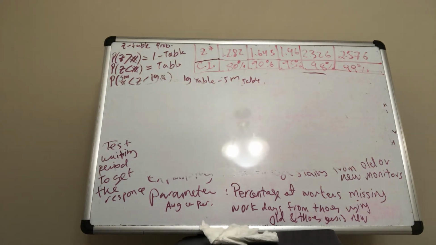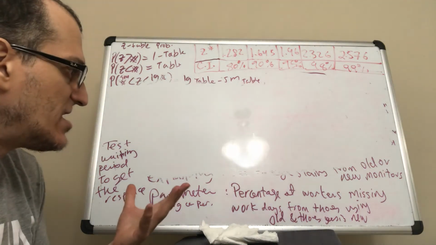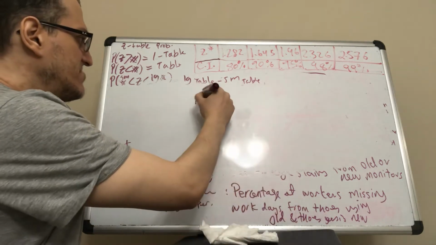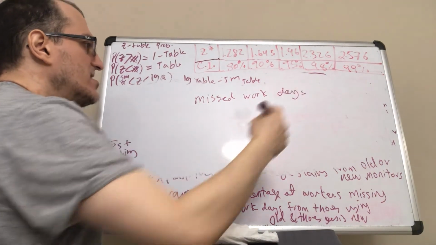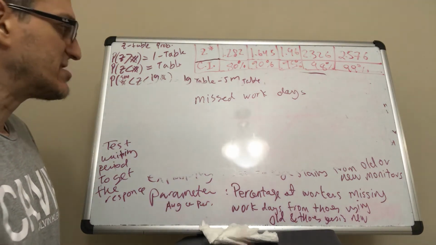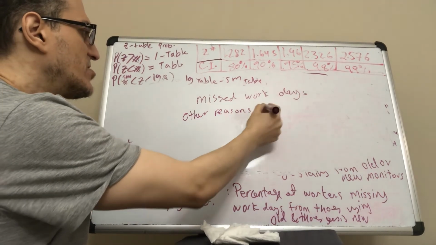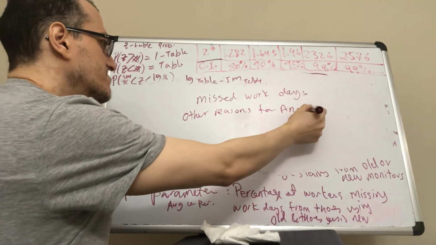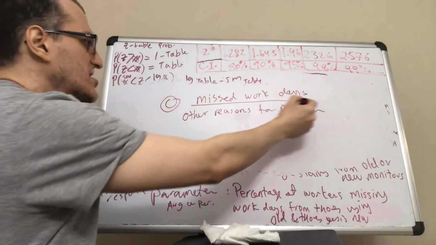Give a possible confounding or lurking variable in this problem. Confounding means, can you think of something that might have affected, for example, them missing work days. In the study, they assume that they're going to miss work days due to eye problems. But lurking variables are other reasons for the answer. So this is part C, meaning you can make up anything.